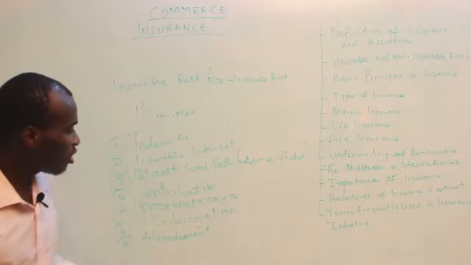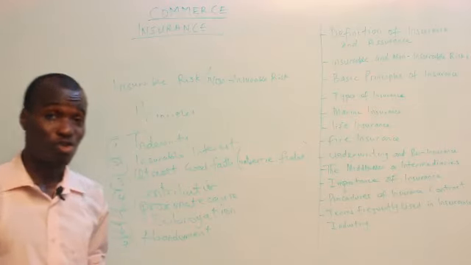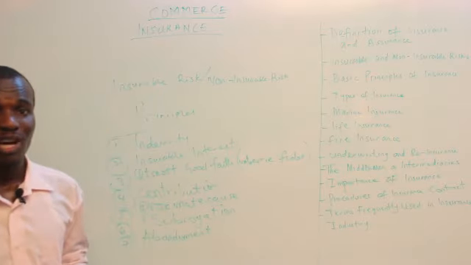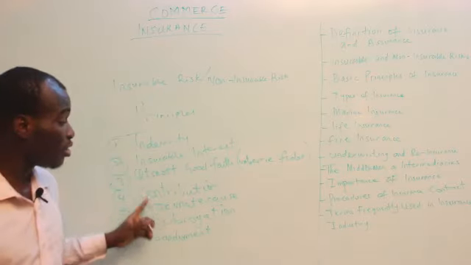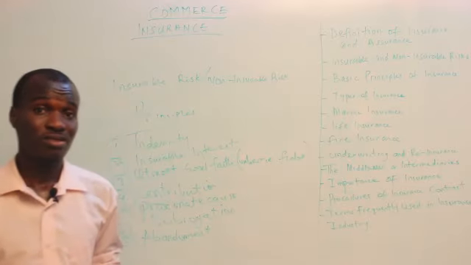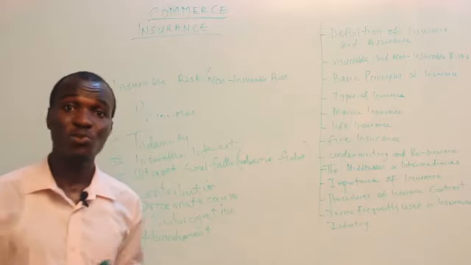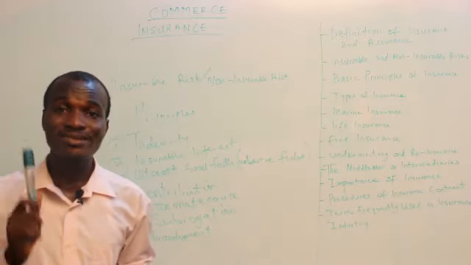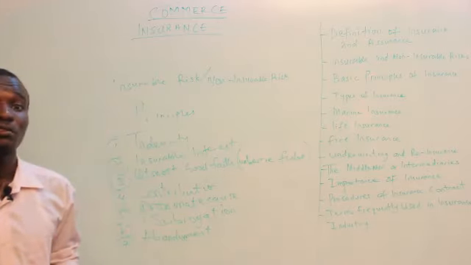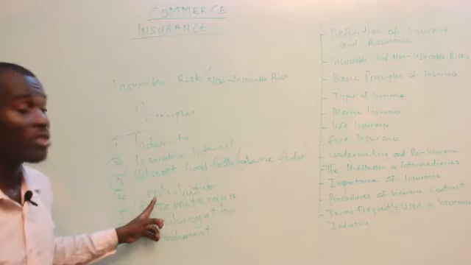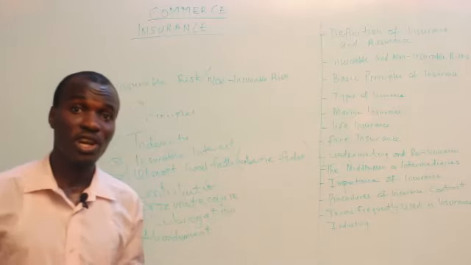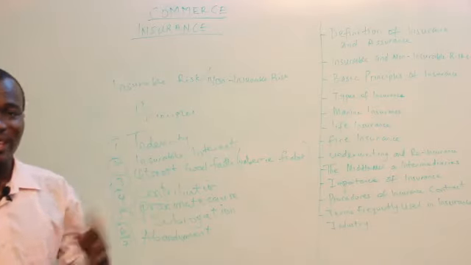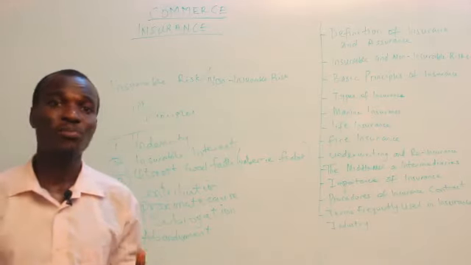So if you insure your single house with many insurance companies, and the loss or liability you insured the house against arises, it means you cannot collect compensation in full from each of these insurance companies, because you are insuring just a single property on many insurance policies.